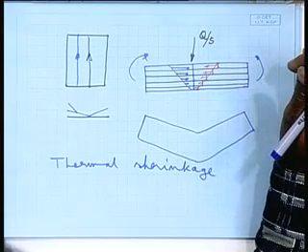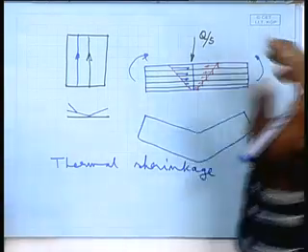So, this is referred to as thermal shrinkage. There is a differential thermal shrinkage taking place, more at the top, less at the bottom, right. So, once there is more at the top and less at the bottom, automatically a couple forms, a bending moment comes into picture, and that leads to bending of the plate. So, that is how the plate is bent.